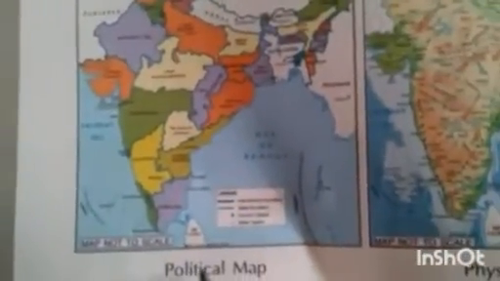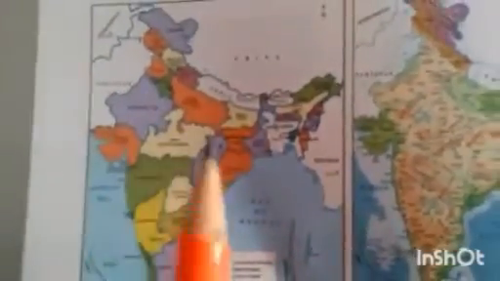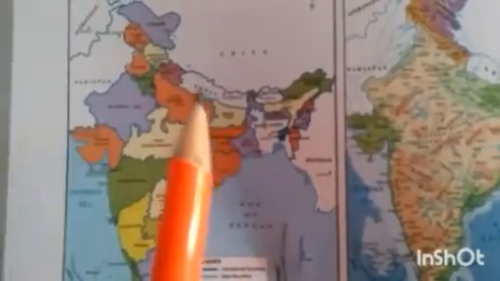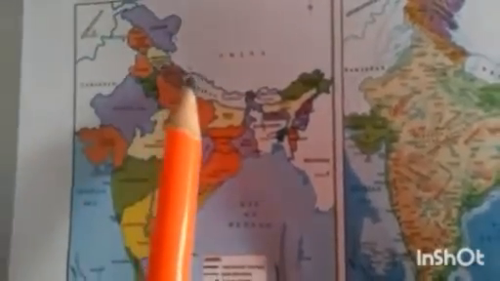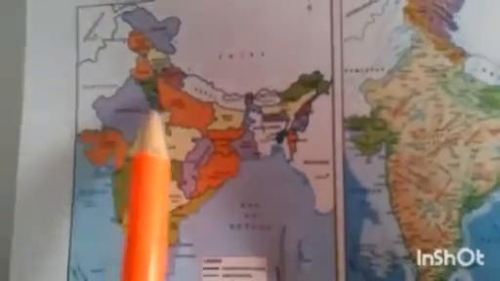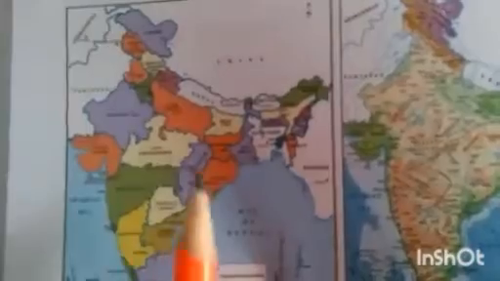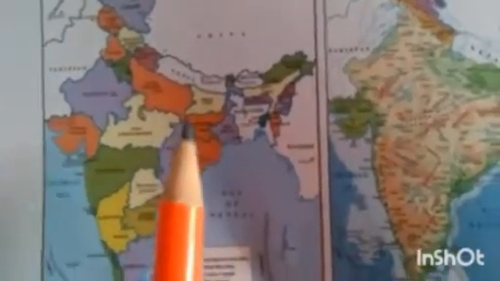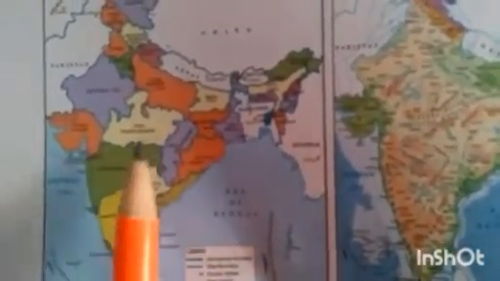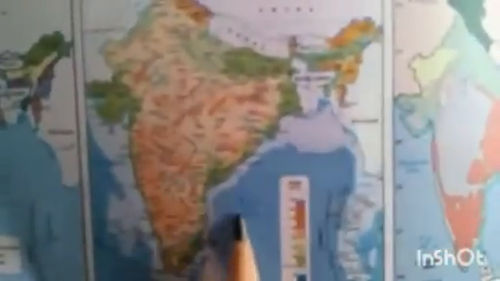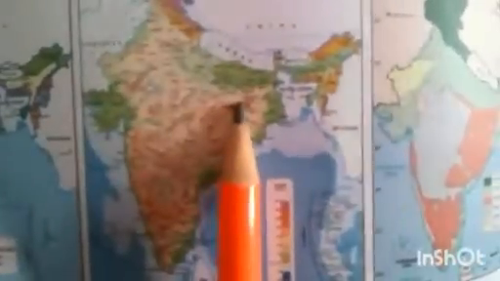This is a political map. Political maps provide us state boundaries and international boundaries. All these things are provided by political maps. While physical maps provide us physical features.